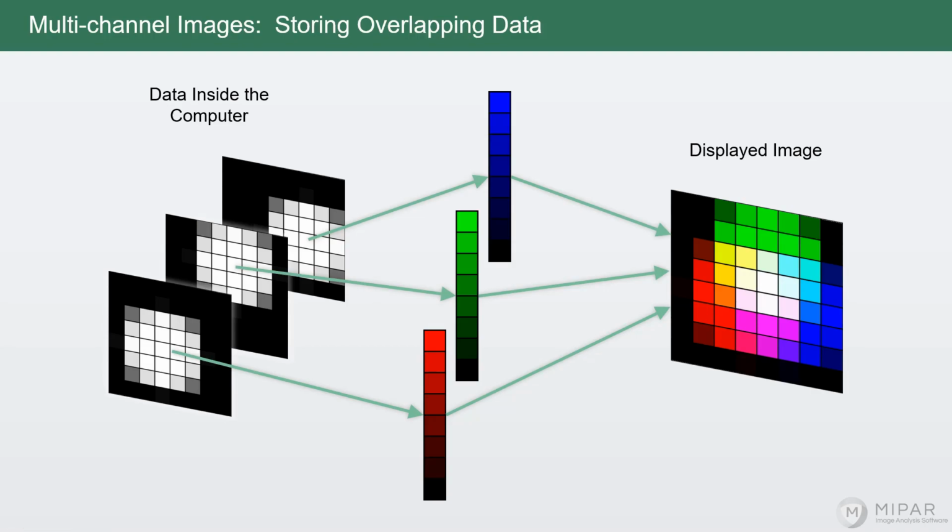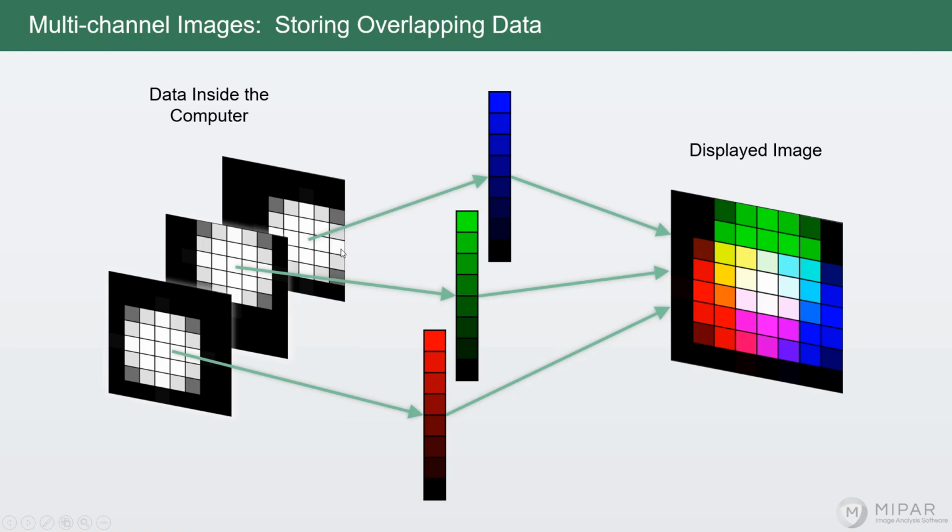And so when you want to take a color picture of an image, what the camera does is it actually has three separate detectors, in essence. One that captures red light, one that captures green, and one that captures blue. And these get stored as three overlapping images known as channels.